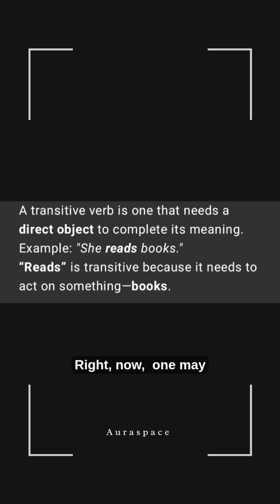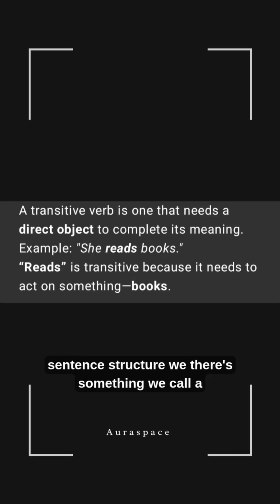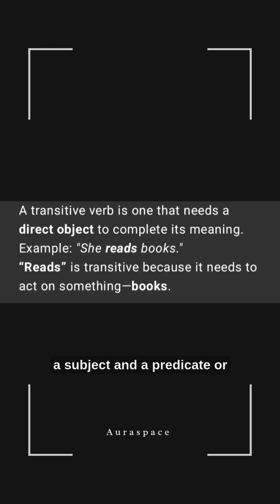Right. Now one may ask, what is an object in a sentence? In English sentence structure, we have a subject and a predicate, or a subject and an object of a sentence.